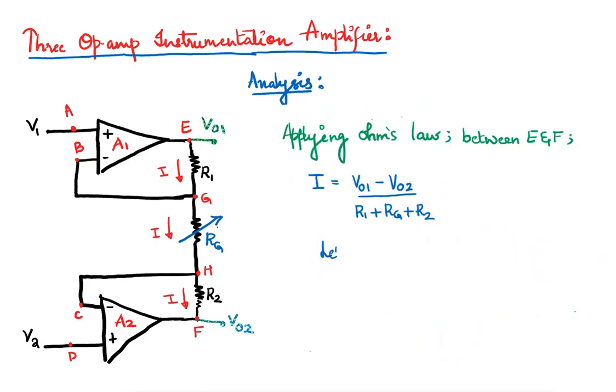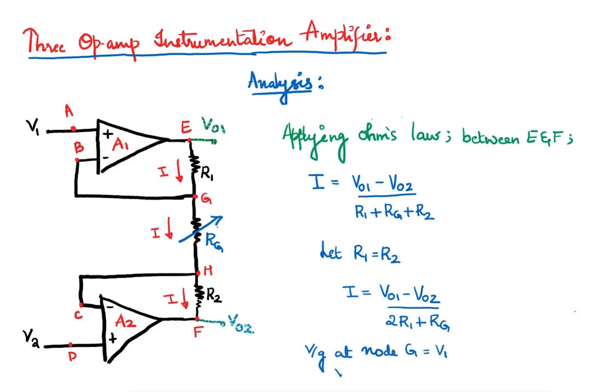So I can write the equation using Ohm's law between E and F: I is equal to V out 1 minus V out 2 divided by R1 plus RG plus R2. And if I consider the resistances R1 and R2 the same, then I can write this as I equal to V out 1 minus V out 2 divided by 2 times R1 plus Rg.